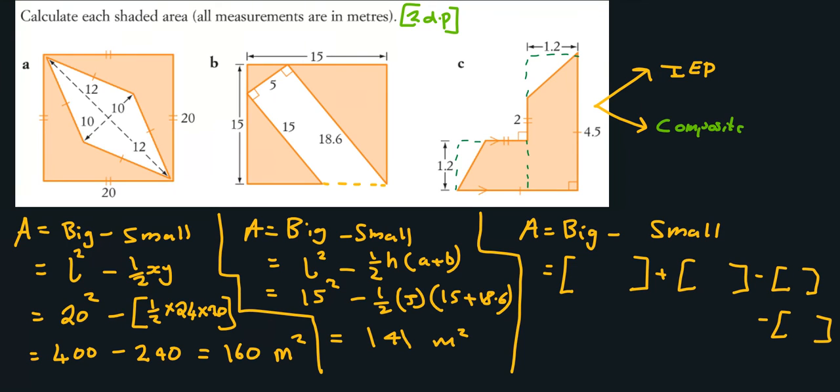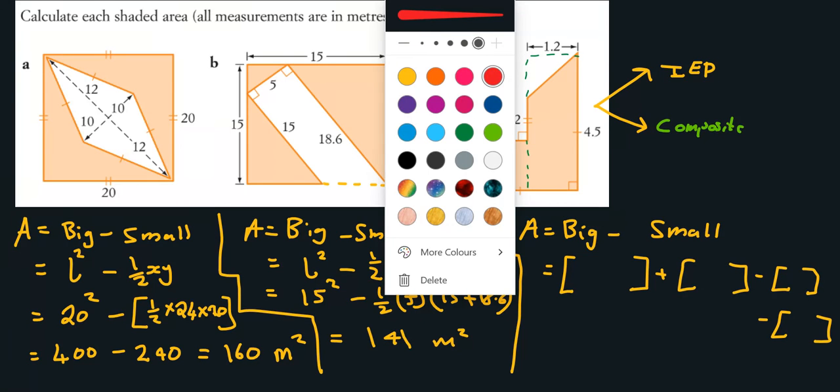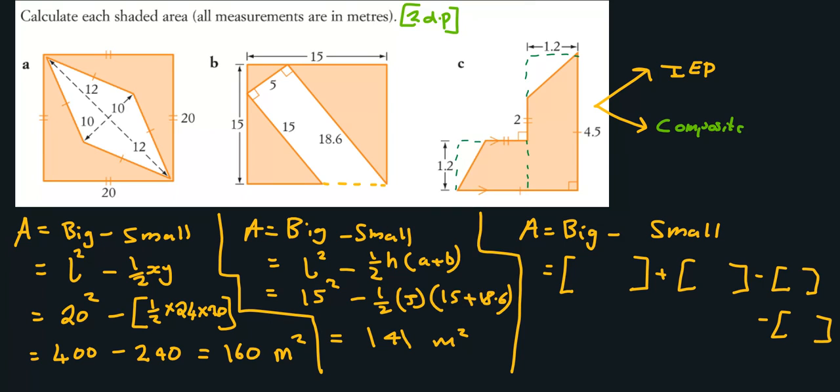I'm going to change colour. Let's go with red. Okay, so we have got 1.2 multiplied by the length of this, which is going to be 4.5. And we need to work out the area of this here.